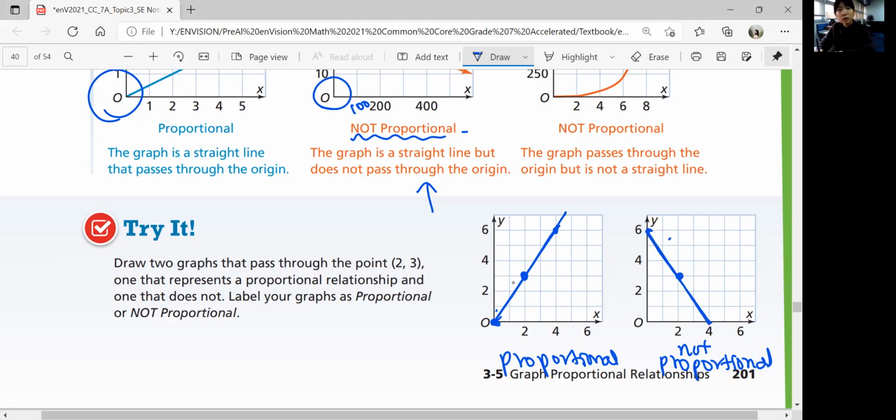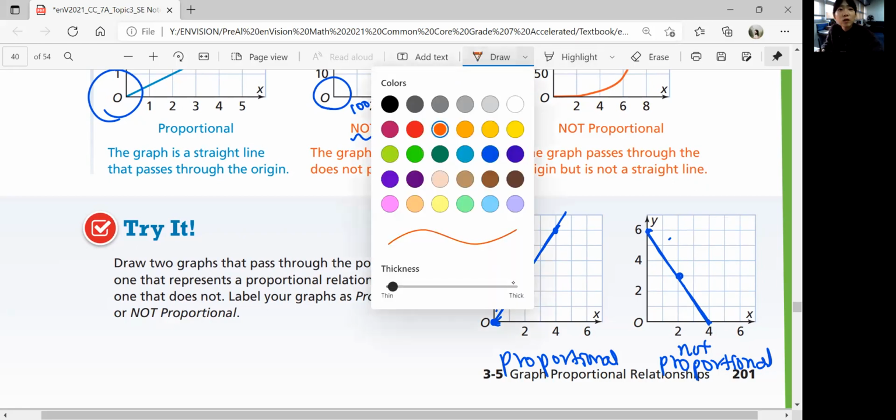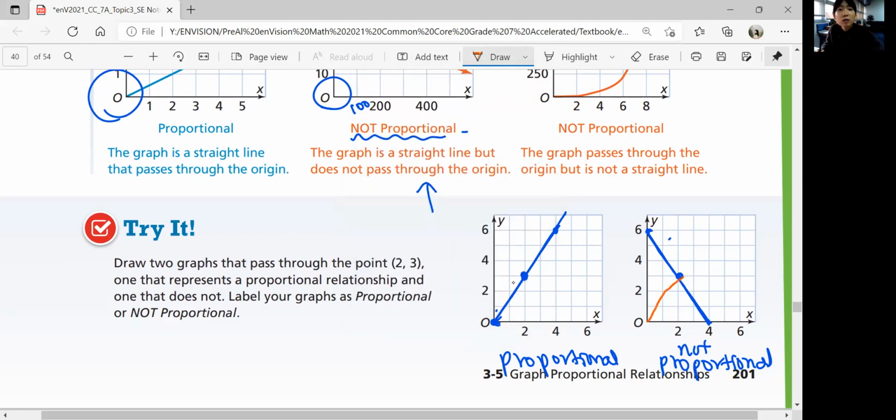So this one could be not proportional, or you could draw another line that is not a straight line, but it goes through that point. So these are two lines that are not proportional.